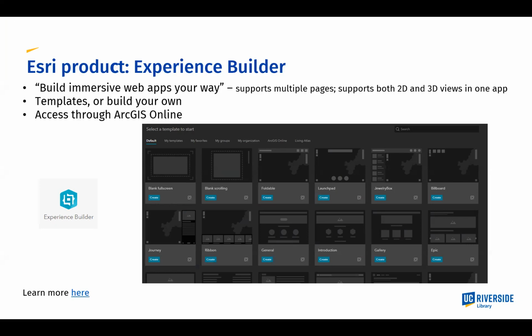Much more functionality. One big difference is that Experience Builder will support multiple pages. So far, we've seen story maps. You're on a site, you scroll, you're done, that's it. There's no extra pages that you can go to, but Experience Builder allows you to do that, allows you to do lots of other things.